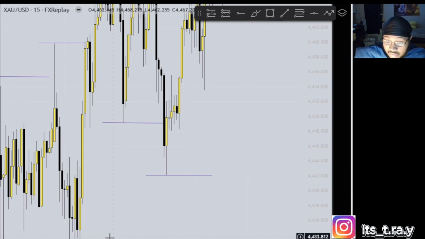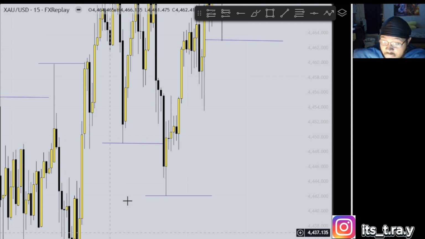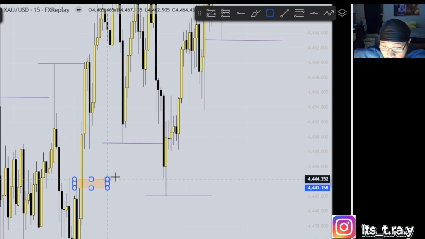So we're gonna take these 3 candles right here: candle 1, candle 2, and candle 3. A fair value gap is basically just a space between these 3 candles. As y'all can see, from this wick to this wick, there's a space. That space is a fair value gap.